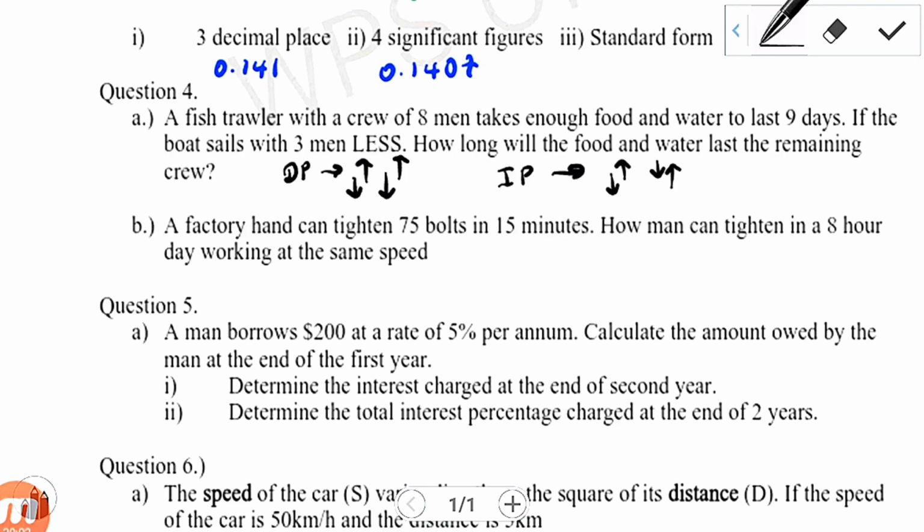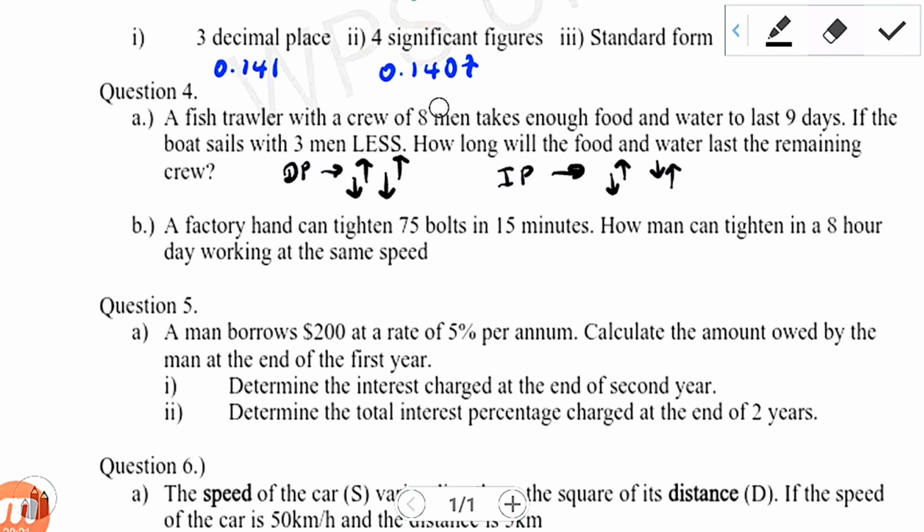So it's very important that whenever you are approaching a math problem, you want to wrap your mind around the intuitive understanding of the question. Now if we look at this question from a realistic perspective, then we can safely say that if I had 8 men on a crew and I had enough food to last for 9 days, I think naturally if I remove some of the men on the ship, then the food would actually last longer.